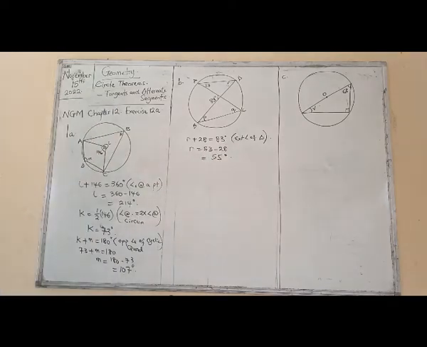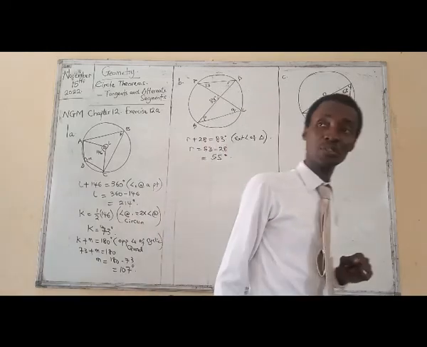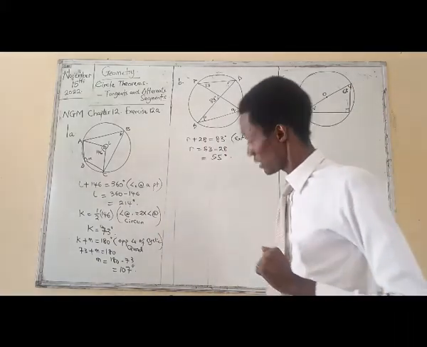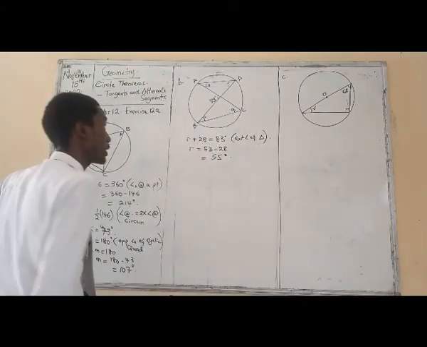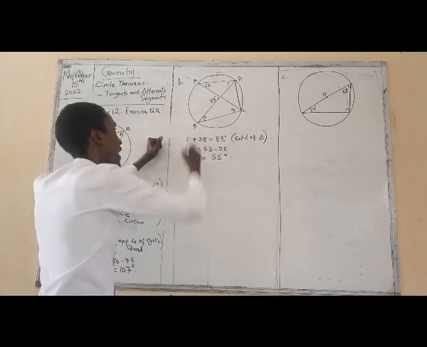Beautiful. Now, at this point, I choose to use my knowledge of same segments. So I need you to think in a line of same segments now. I choose to use my knowledge of what? Same segments. So the segment of interest for me will be this segment and this segment.